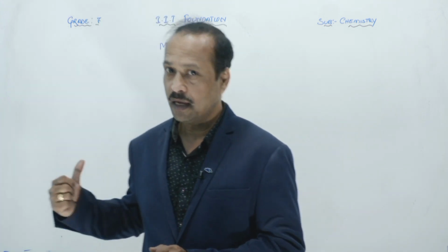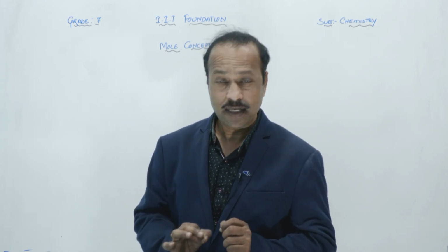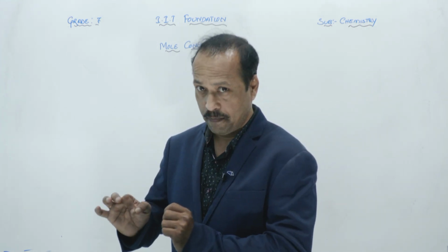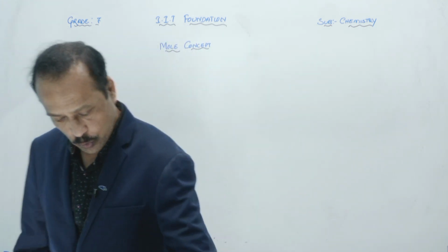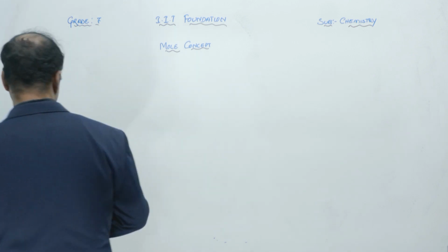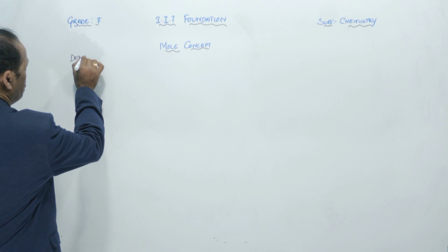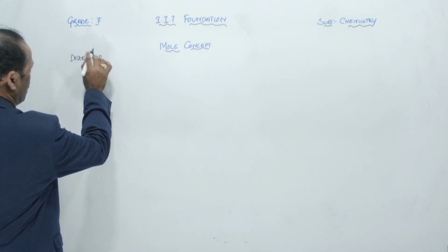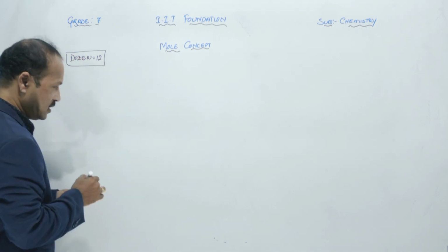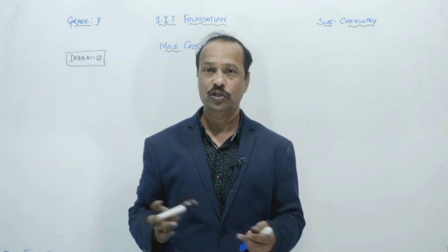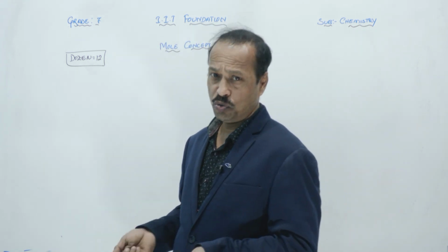Similarly, a mole is a fixed number, that is 6.023 into 10 to the power of 23. See, I am writing here: a dozen represents 12. One dozen bananas is 12 bananas. One dozen apples is 12 apples.